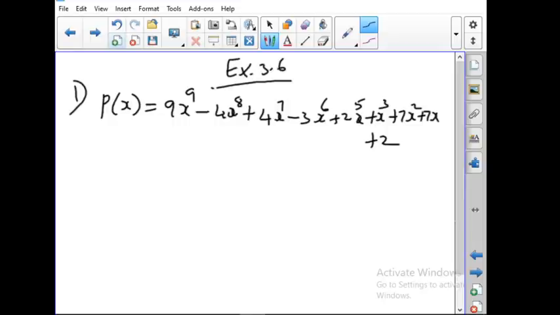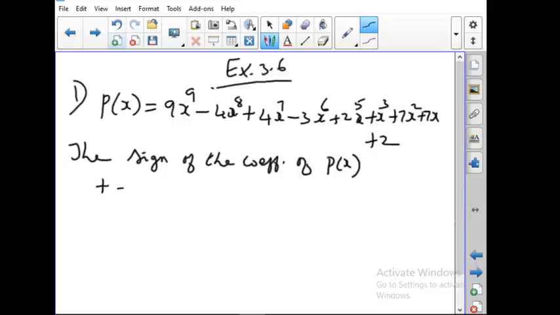So here we have to discuss the maximum possible number of positive and negative roots. So the sign of the coefficients of p of x. So what about the sign?